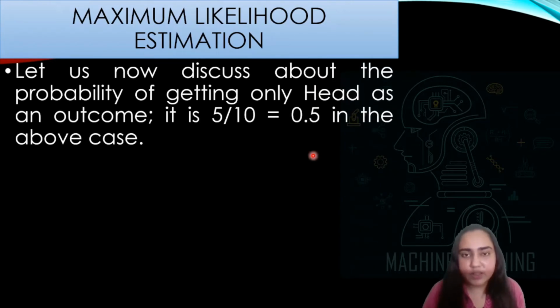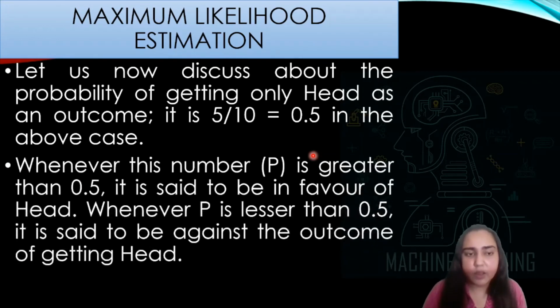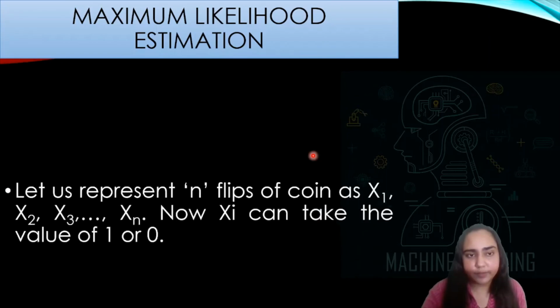Let us now discuss the probability of getting only heads as an outcome. It is 5 by 10, which is 0.5 in the above case we just saw. Whenever this number p is greater than 0.5, then you can say that this is in favor of heads. But when p is less than 0.5, then you can say it is against the outcome of getting heads.